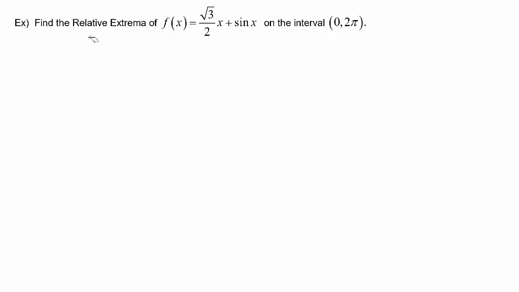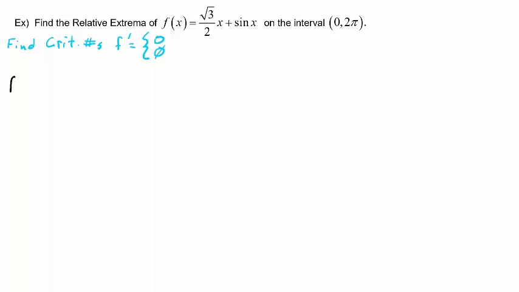Now, to find the relative minimums and relative maximums, first we need to find the critical numbers. And we know that critical numbers happen whenever the derivative is either 0 or does not exist.